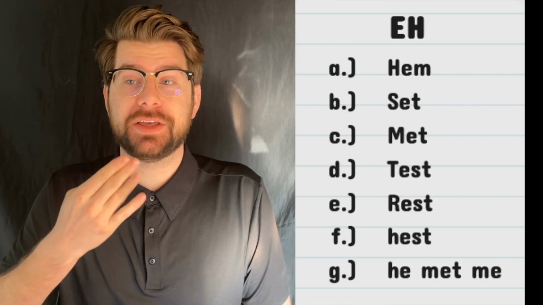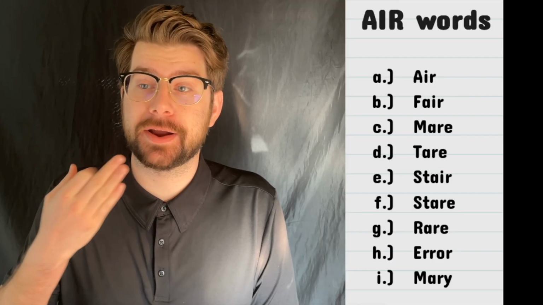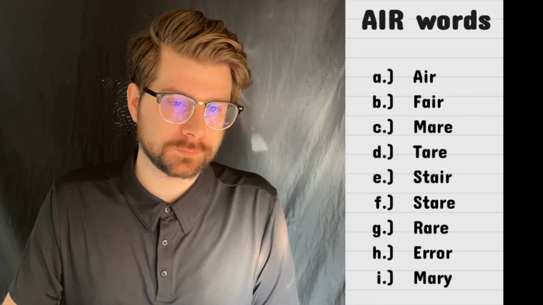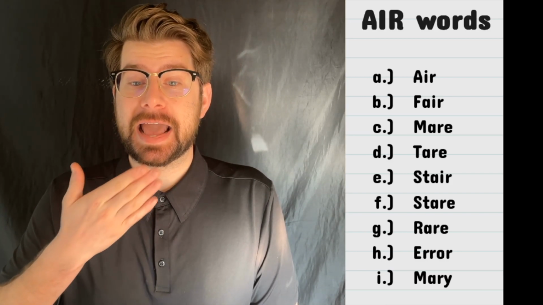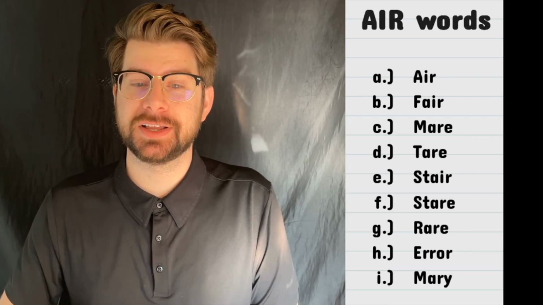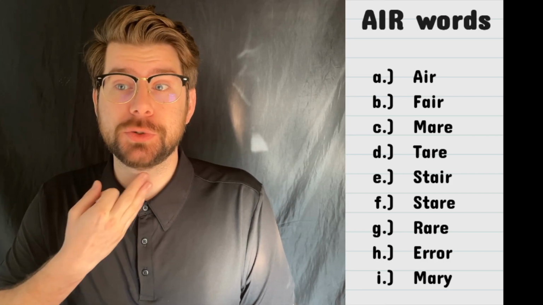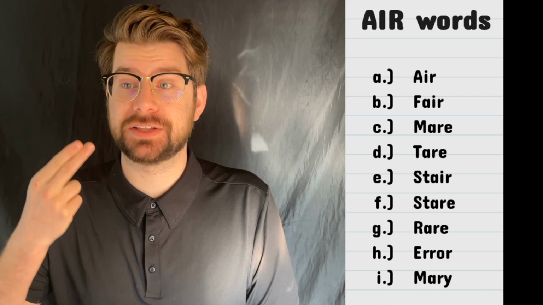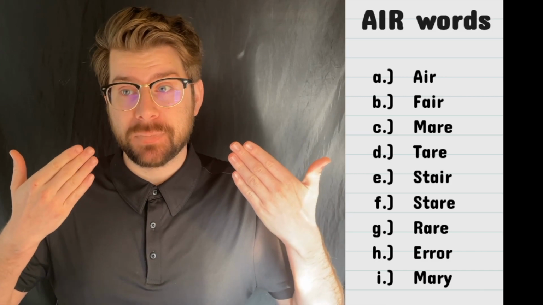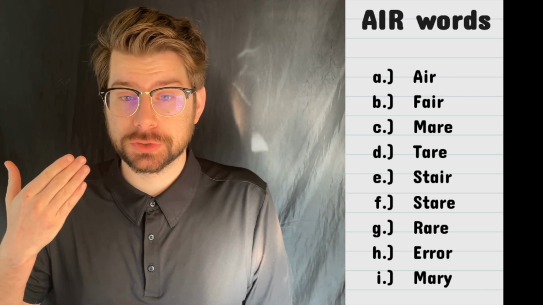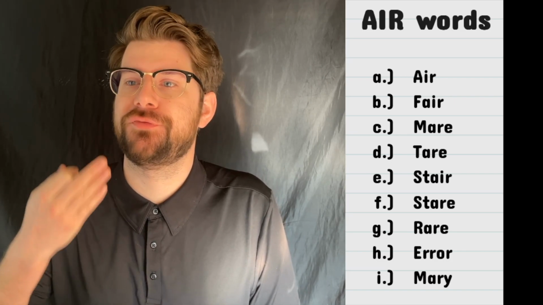So now that we can cue all those, let's get some practice with air. So we have air, fair, which those two have the same cues because the number 5 hand shape represents m and t, but also no consonant sound before a vowel.